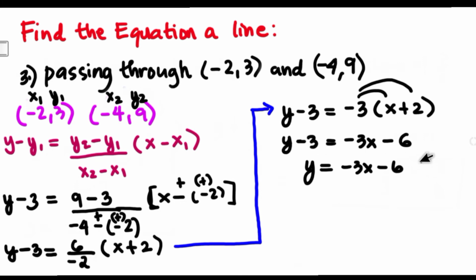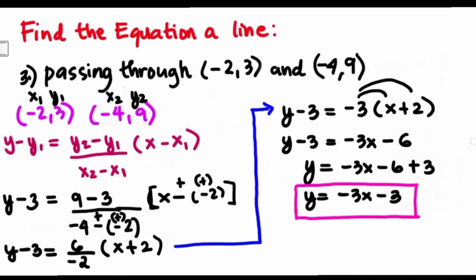Since negative yan, ito po magiging positive 3. So, y is equal to negative 3x. Negative 6 plus 3 is negative 3. So, the final answer or the equation of the line that passes through negative 2, 3, and negative 4, 9 is y is equal to negative 3x minus 3.